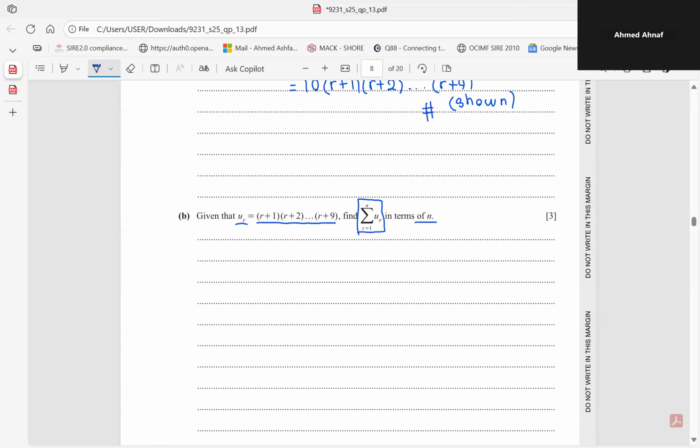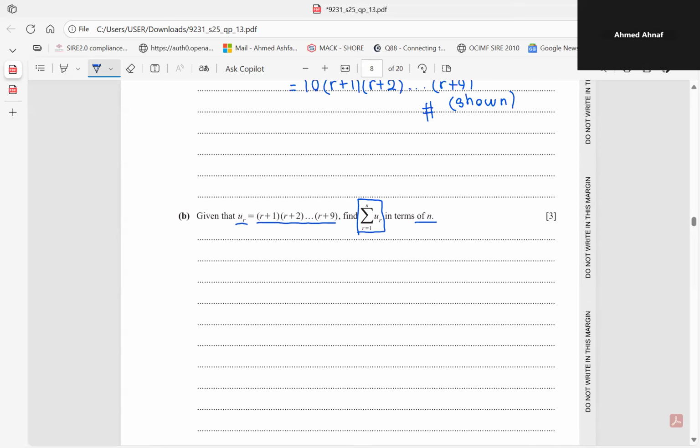So let's start. First, let's substitute R equals 1. This would be W2 minus W1. Then R equals 2, that's W3 minus W2. Then R equals 3, that is W4 minus W3. Okay, and now we're going to find the last two sets of terms.